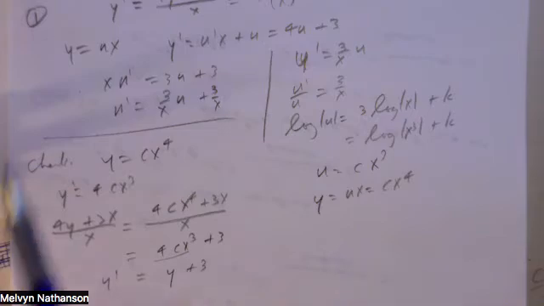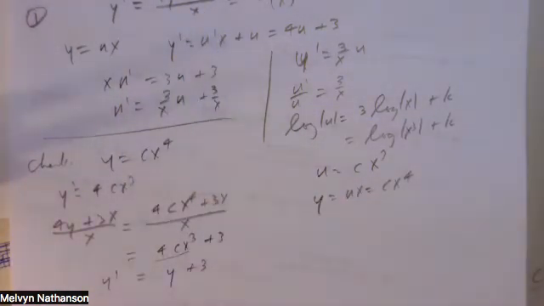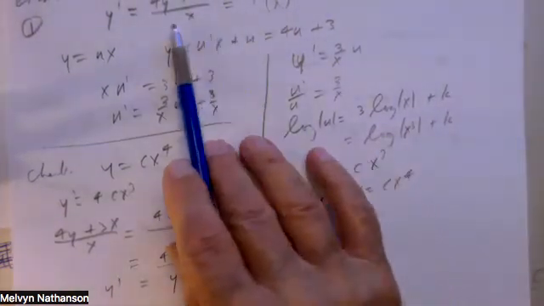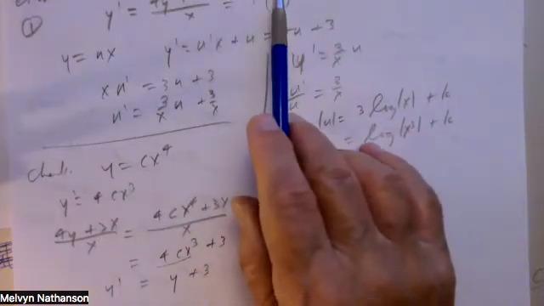So let me go back and check what I did. So y prime is 4y over x plus 3. So one way to do this is to observe, if I divide by x, this is 4y over x plus 3. So this is a homogeneous equation in the sense that it's a function of y over x.